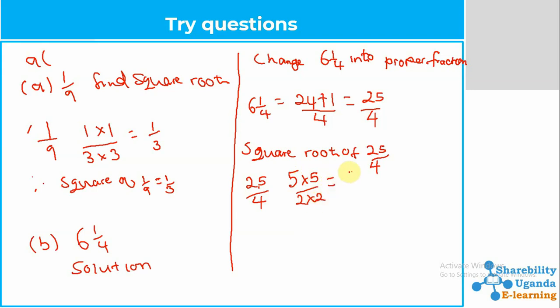So this simply means 5 out of 2 is going to be equal to the square root. The square root of 25 out of 4 is going to be equal to 5 out of 2.